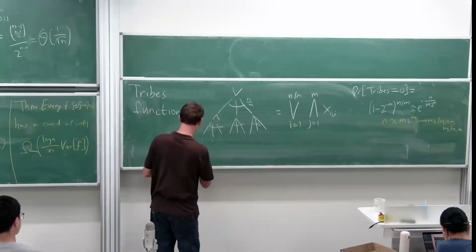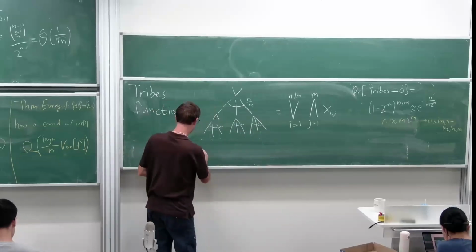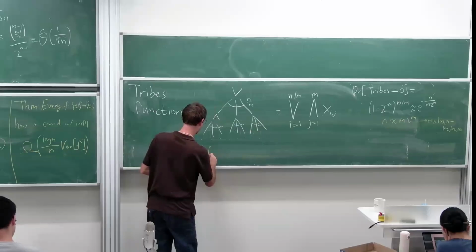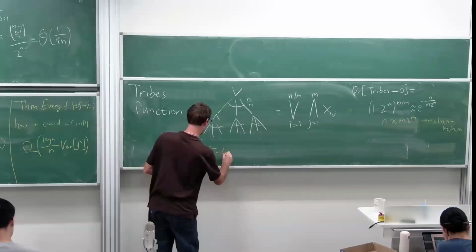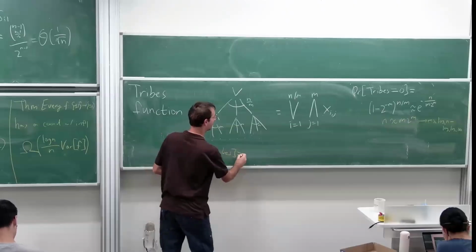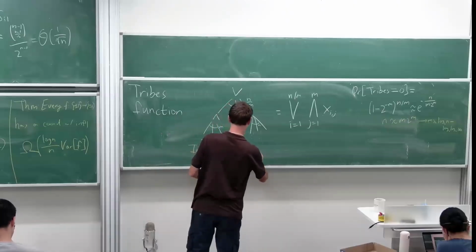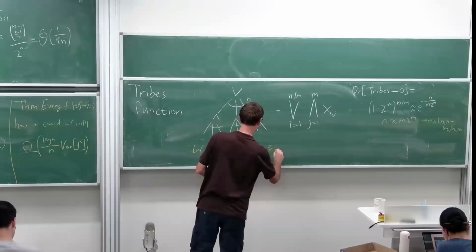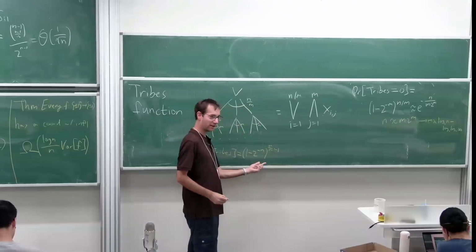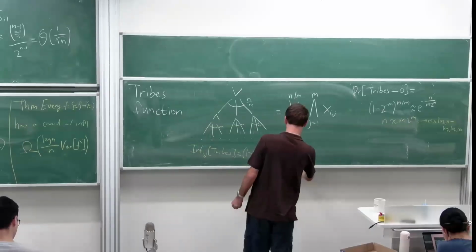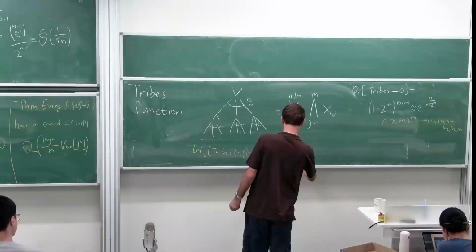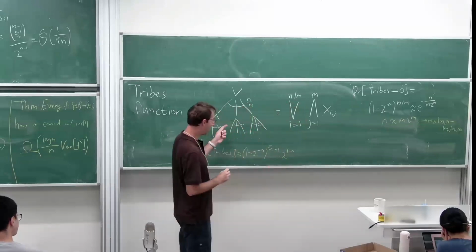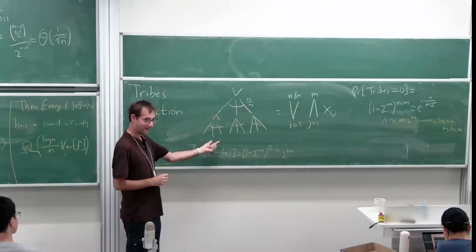So the influence of x_ij, and they're all the same, is 1 minus 2 to the minus m to the n over m minus 1. This is the probability that all the other tribes do not vote 1, times 2 to the 1 minus m. This is the probability that the rest of the tribe does vote 1.